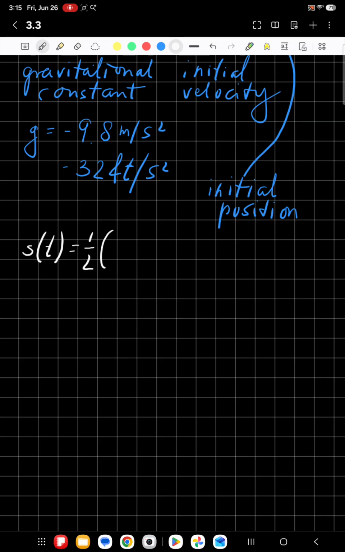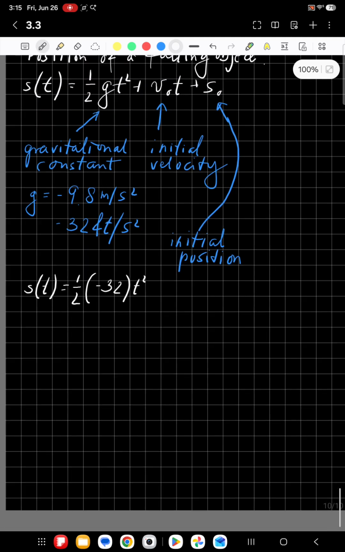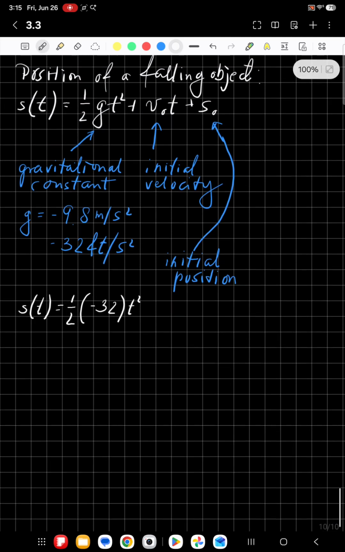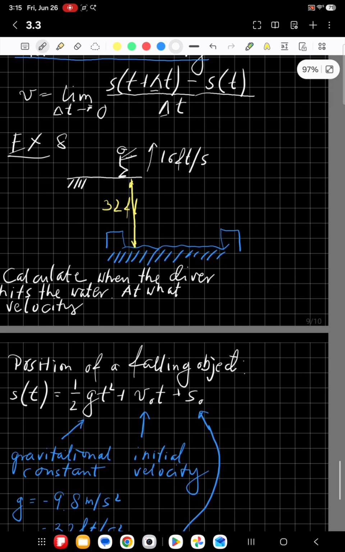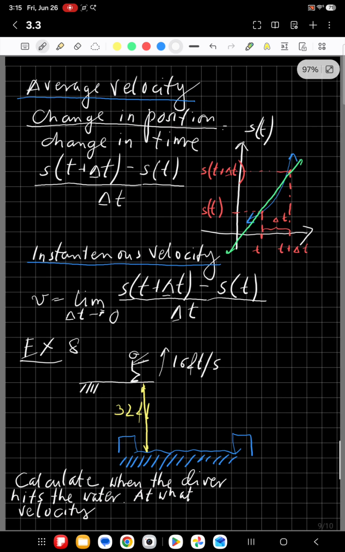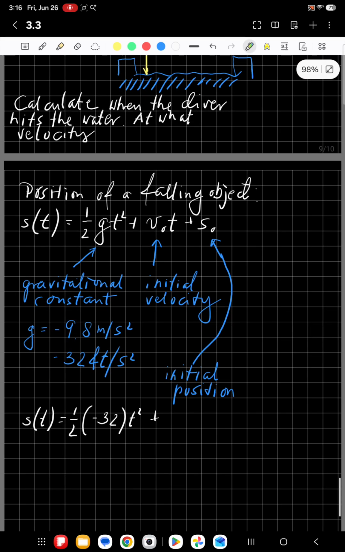Then plus the initial velocity, which was 16. So here is the initial position, the initial velocity, and the gravitational constant, negative 32 feet per second squared.